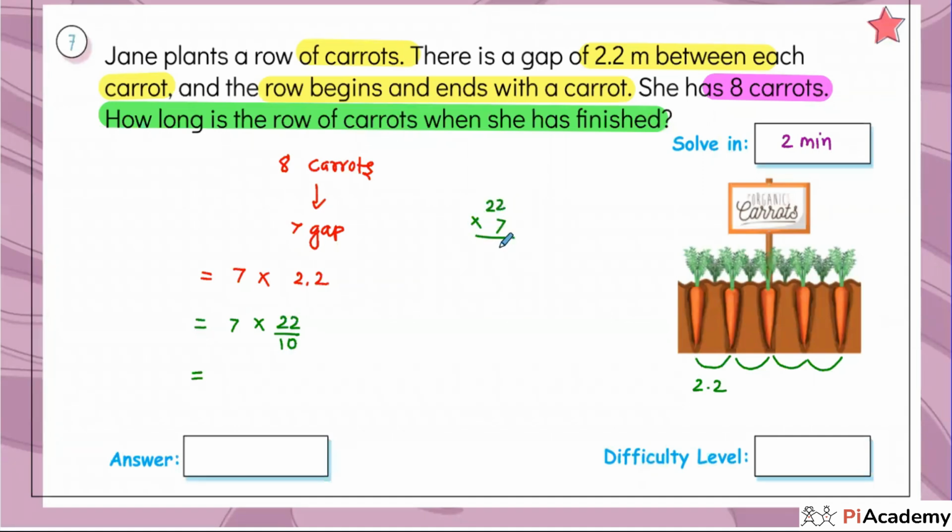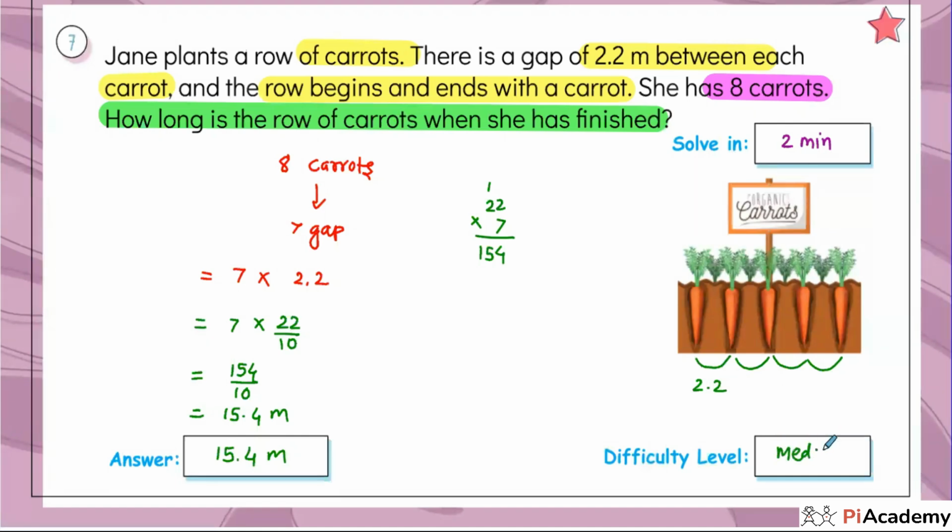If you multiply 7 times 2, that's 14. 1 will be carryover. 7 times 2, 14 plus 1, that's 154. So 154 divided by 10. So your final answer is going to be 15.4. And the unit is going to be meter, right, everyone? So the correct answer for this is 15.4 meters, and the difficulty level is medium.